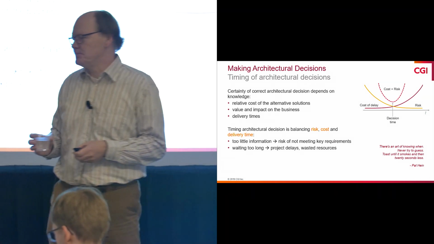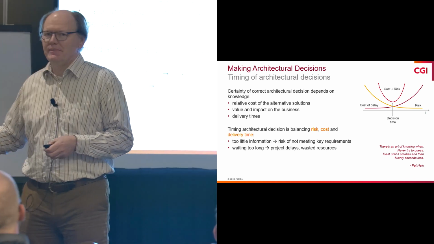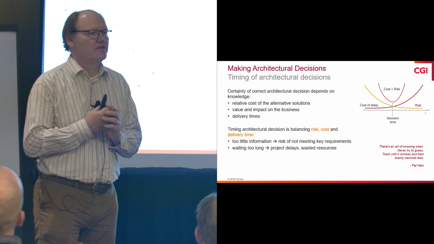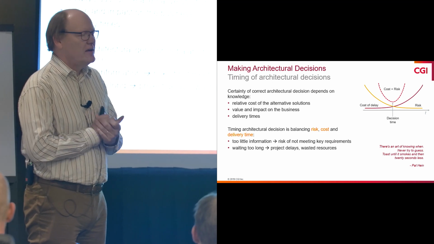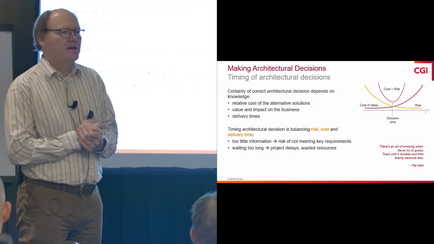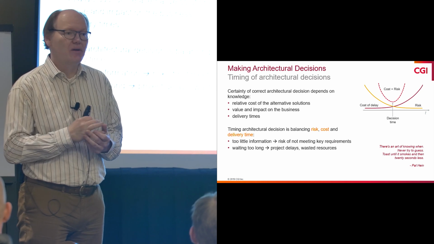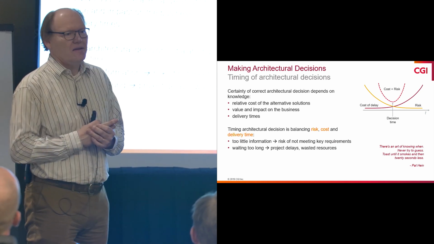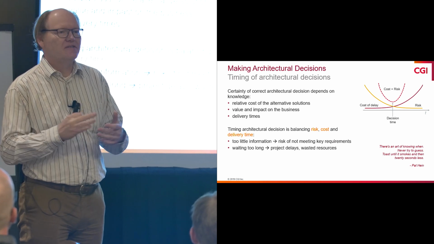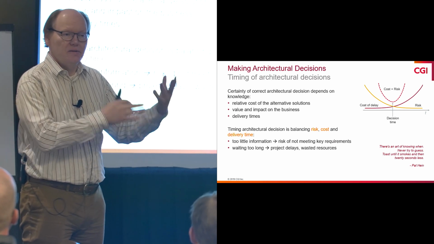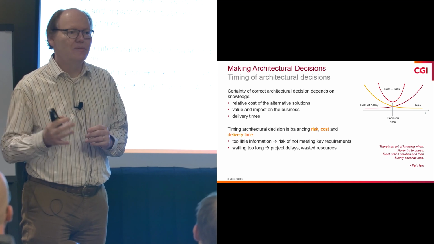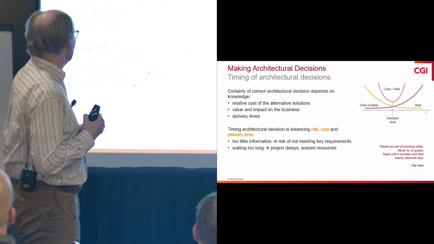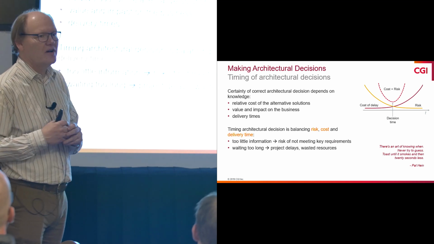The next behavior is about the timing of your architectural decisions. I already hinted at this when I said the decisions are your primary deliverable. If they are no longer always tied together in a big document, then that gives you the freedom to time them individually. What is important in timing of architectural decisions?